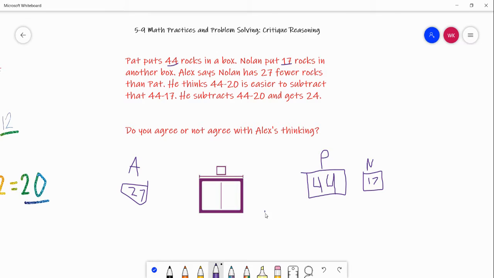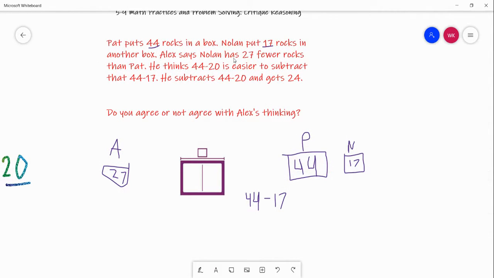He's saying that he's going to do 44, our equation is 44 minus 17. That's what our equation is. And Alex is trying to use compensation and making the number 17 into a 20. So he is adding 3 to make this into a 20.